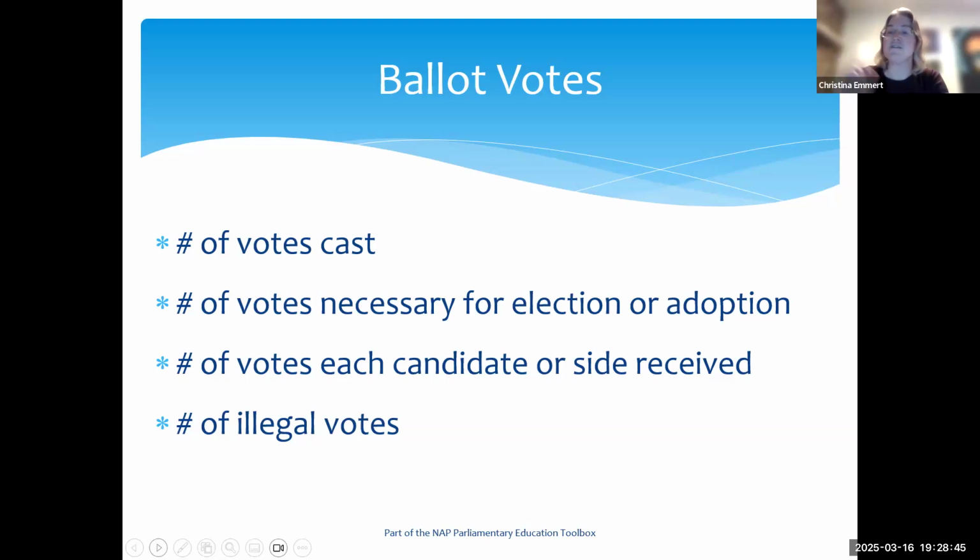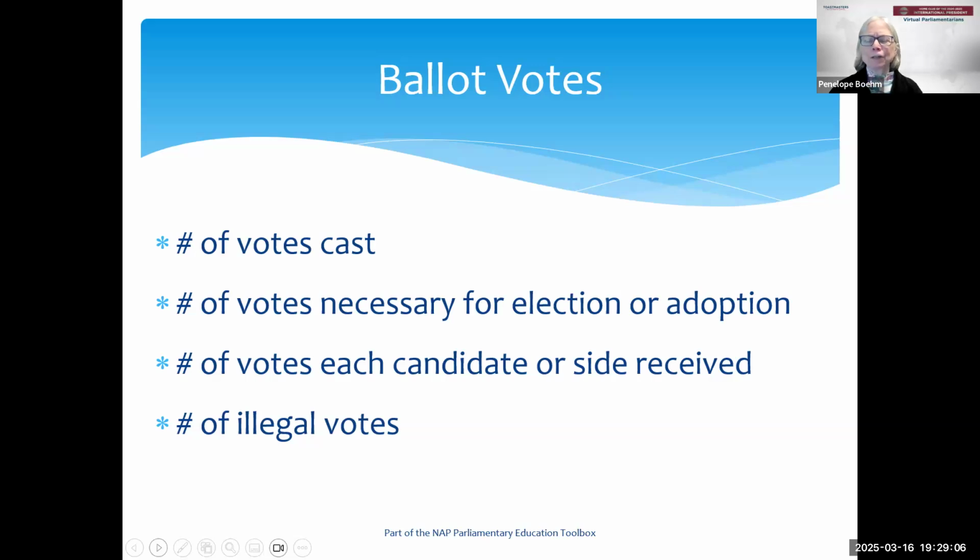For each office that was voted on, say 34 votes were cast for president, you would base it on that. Say only 32 votes were cast for vice president, you would base your votes necessary on the number of votes that were cast for each position.